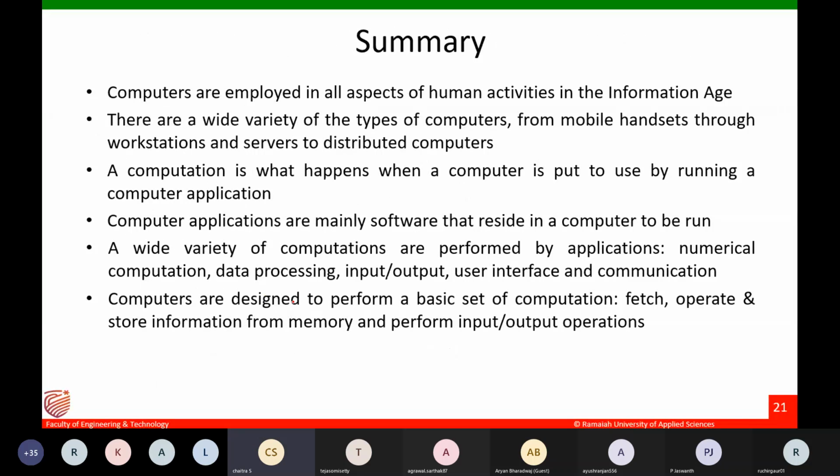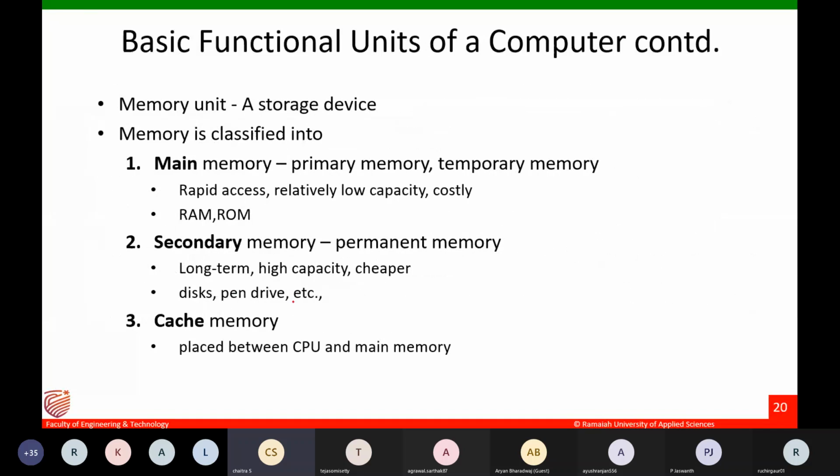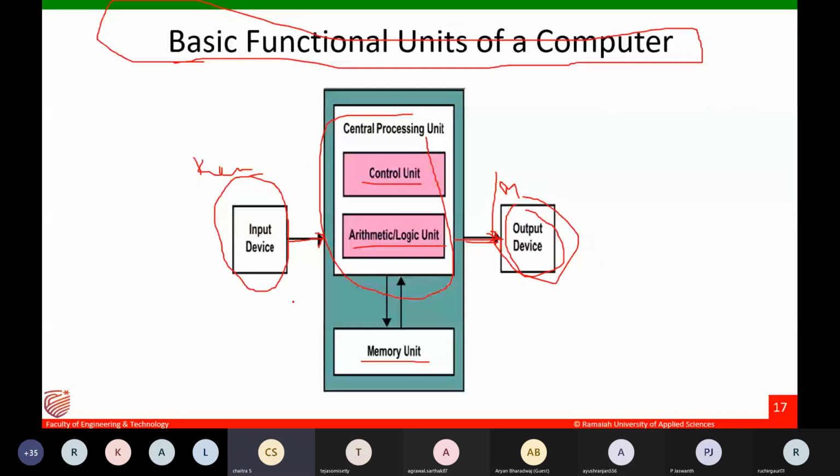So this ends the session. We learned what a computer is, what its applications are, and the functional units of a computer. Let's brush through the basic functional units again. You have input device, output device, processing unit, and memory unit. From the input device, I give the input.